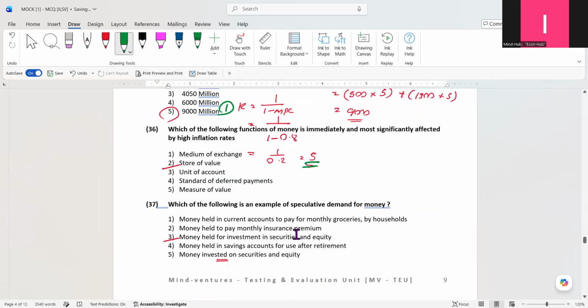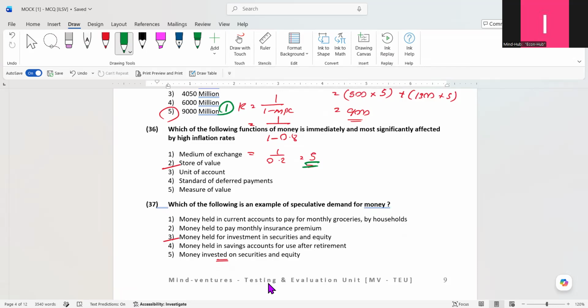36. Which of the following functions of money is immediately and most significantly affected by a high inflation rate? Basically, store of value. Because when we save our wealth in the form of money, we are always focused on the inflation rate, because when the inflation rate starts to increase, the purchasing power of our money starts to decrease.